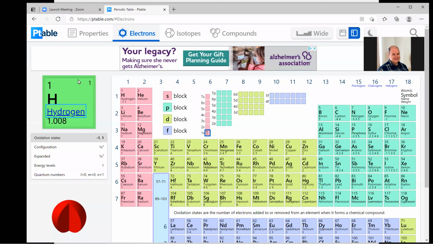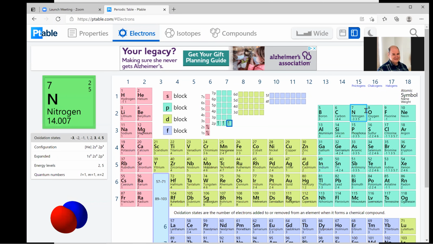You'll see the picture, and you'll see the electrons beginning to fill in. You see the electrons filling in? As you move it over.